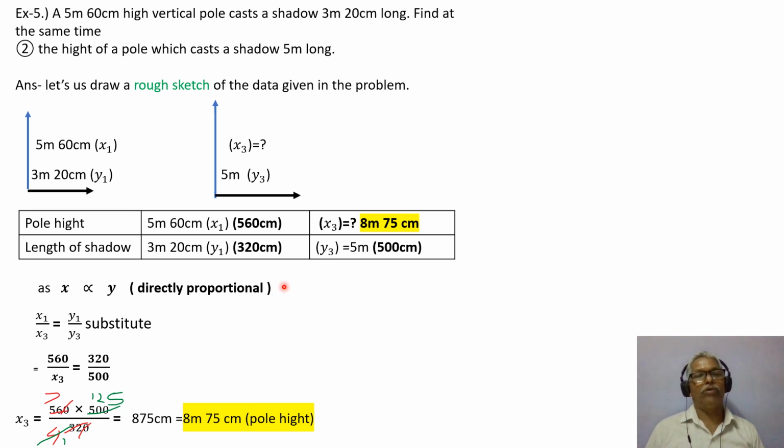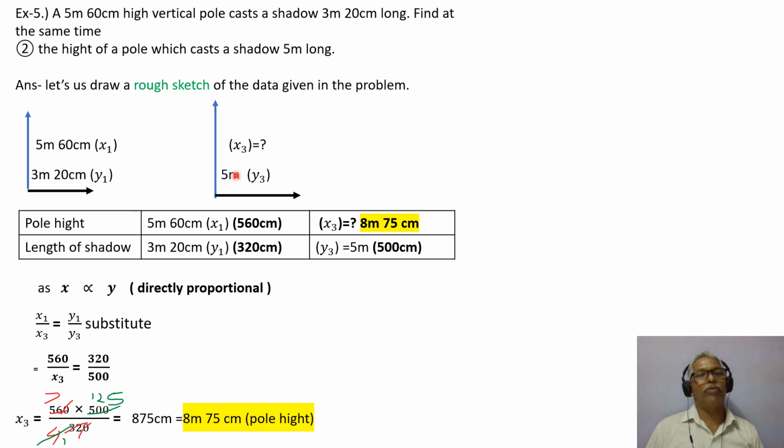We know this is a directly proportional problem, that x varies as y, and we are using this formula again, x1 upon x3. Remember, this is x3, equal to y1 upon y3. We have to write like this.